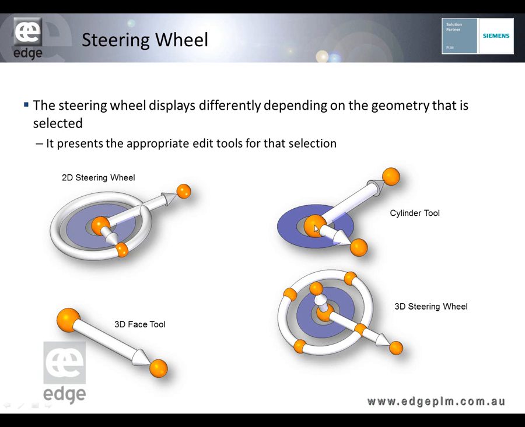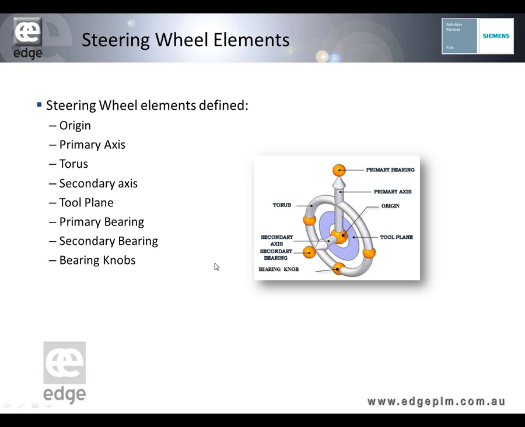When we select a cylinder, we'll get the cylinder tool, so we can move it left, right, up, down, or freeform move it using the tool surface here, and the tool surface on the 3D one as well. So when we've moved something or selected some geometry, we're likely to get the 3D steering wheel. It will make the correct assumption for what you're doing in any one of these when you select the geometry, so you don't have to worry about that too much.